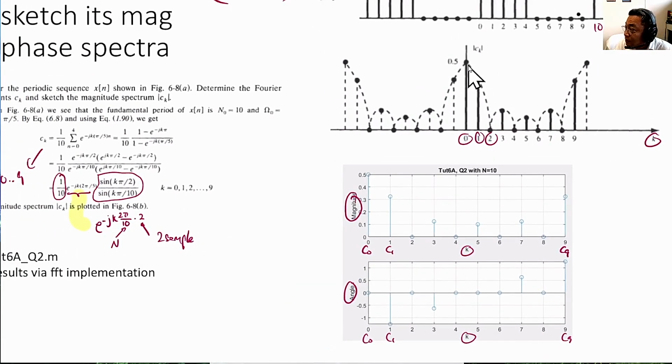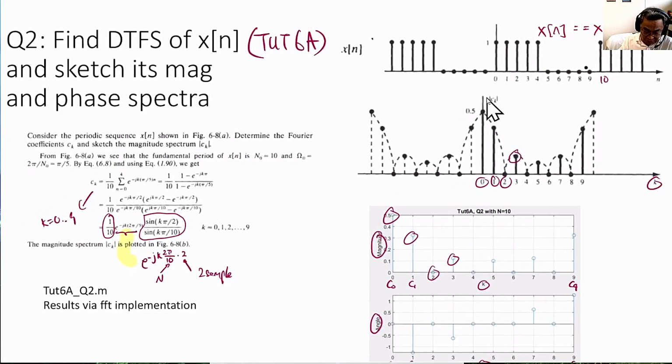This is the answer, c0 is 0.5, this is c1, then c2 goes to 0, voila, and then c3 goes up a little bit, and so on and so forth. So this is both the magnitude and the phase. Well, this diagram only shows you the magnitude.